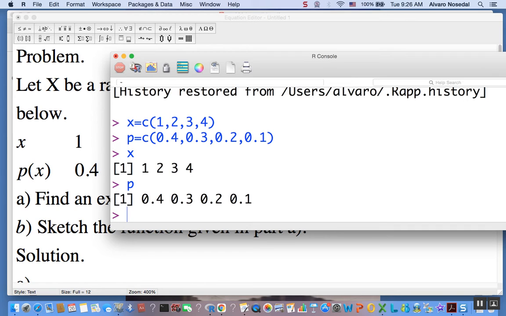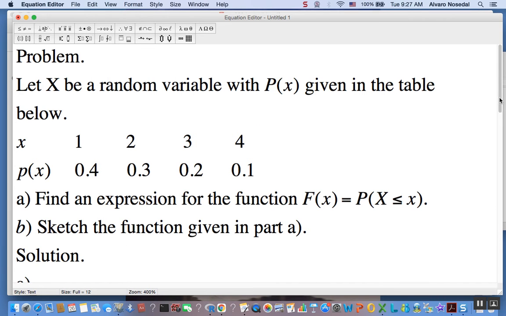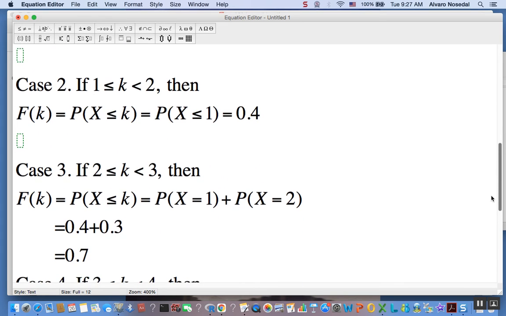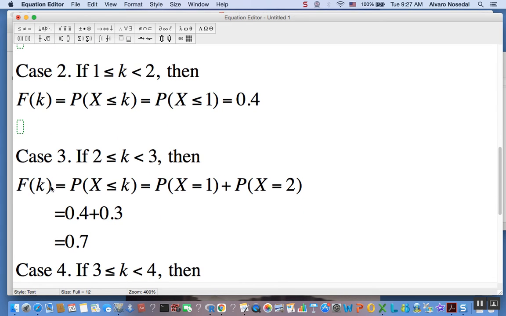Okay. Now let me show you a new command in R that is going to help us find what we want. We can see from what we did here that, for instance, F at k, right, is going to do the sum of all the values less than or equal to k.